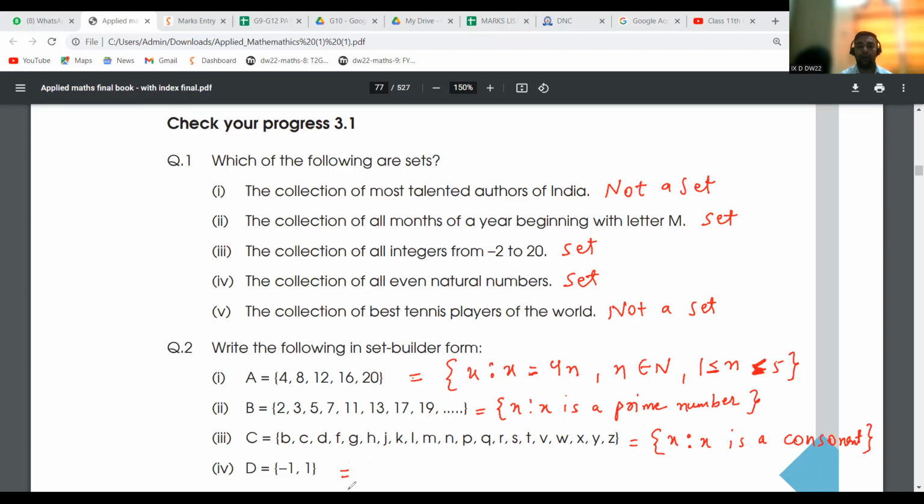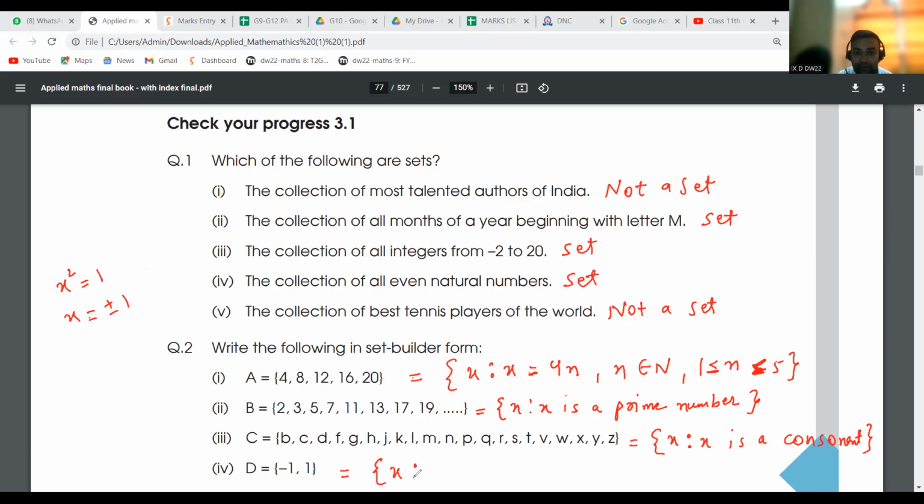So 1 comma minus 1 are actually, if we write x square equal to 1 here, then the root of this x square will be x, and the root of 1 will be plus and minus 1, right? So according to this, these two numbers are the solutions of x square equal to 1.